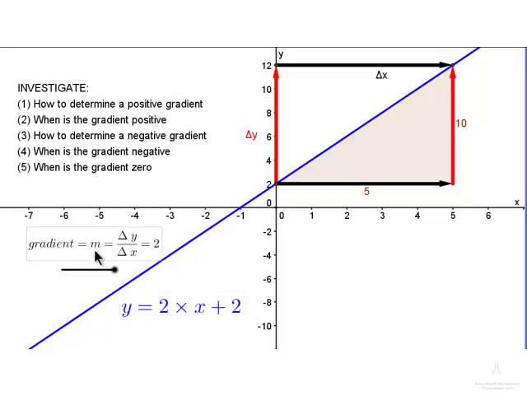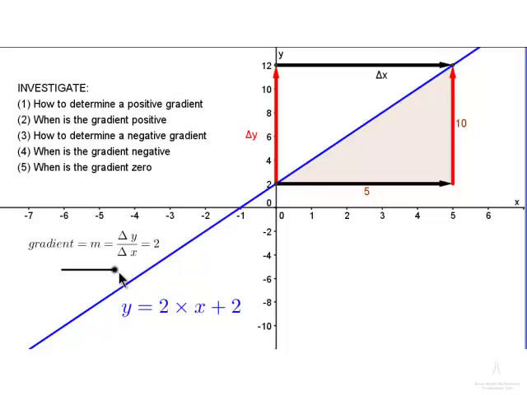First observation here: in this case, m is 2, so it is positive. When it's positive at this stage, it seems that this angle is an acute angle. So in other words, if you measure from the positive x-axis, and you go in an anti-clockwise direction, we get an acute angle. So this seems to be true.